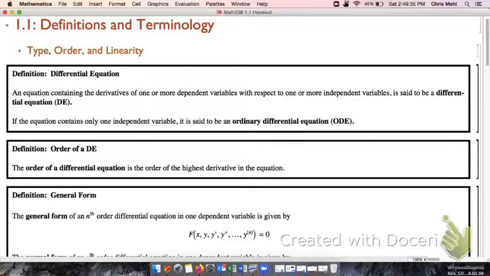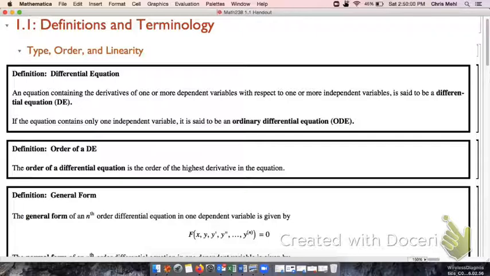So we're going to talk about differential equations: types, order, and linearity. There are different kinds of differential equations, they have what is called order, and there's also what is called a linear differential equation, and we're going to see many different kinds throughout the course.